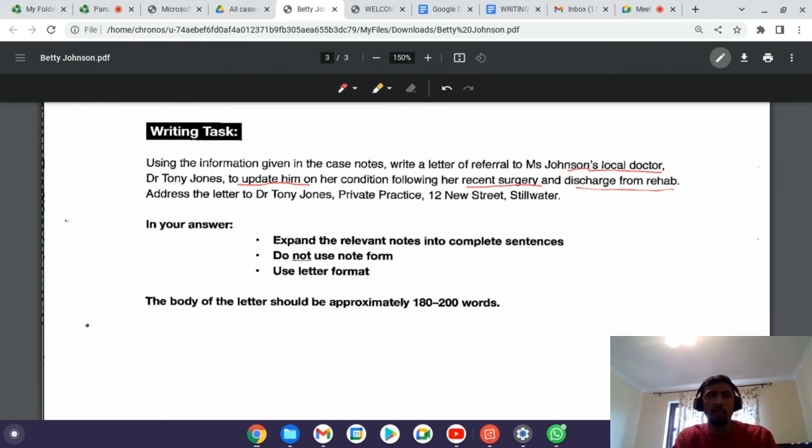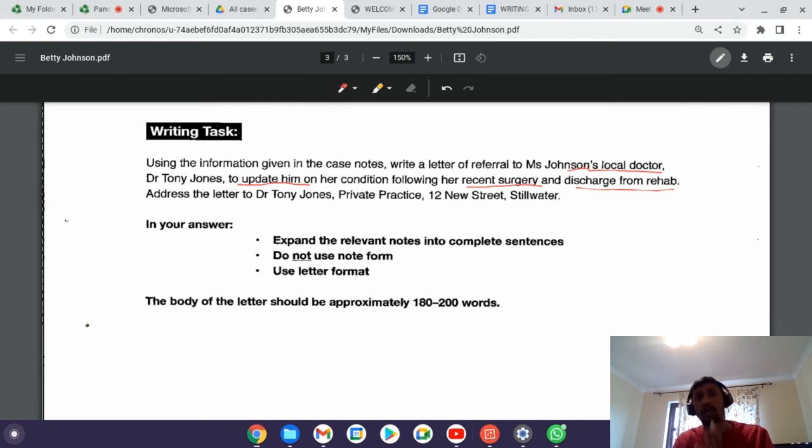It all depends on the writing task, which tells you to whom you are writing and why we are writing this letter. The writing task is very important for you to draft your introduction.